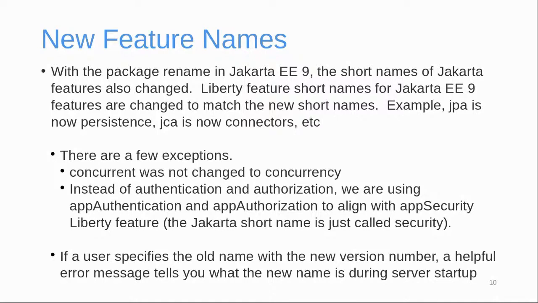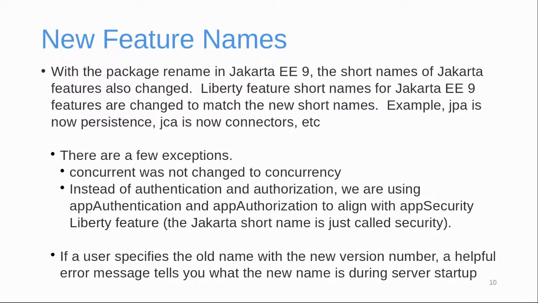And I'll show again how you can use the transformer even to update your server XML to not have to do this all manually in your environments. There are a few exceptions there. We didn't change concurrent to concurrency. We just left it at concurrent since we already had a name that's pretty close. It doesn't have that J name in it to make it an issue from a trademark perspective.